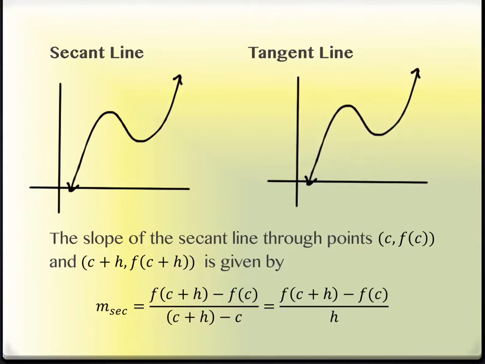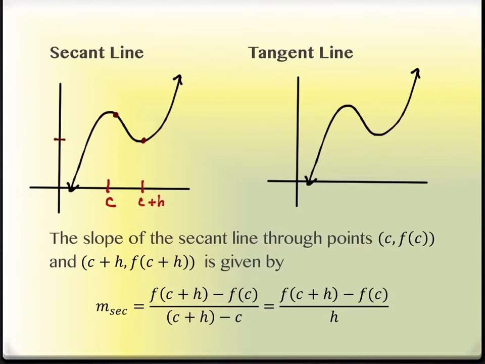When we're looking at secant lines, we're taking a point C, and it doesn't really matter where we put C, and a point that's a little bit away. I'm going to make it a lot away because it's easier to draw, but this point is C plus h, so the distance between them is h. We take the two points that correspond to them, and we find a line between them.